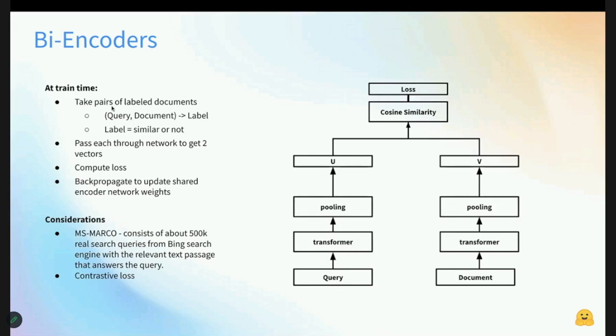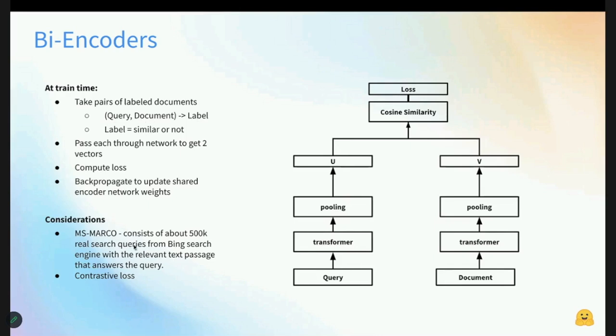The way this works is that you have to have a labeled data set. So you have labeled documents where you have a query and a corresponding context document and a label that indicates one for yes, this document does satisfy this query, or a zero for no, this document does not satisfy this query.